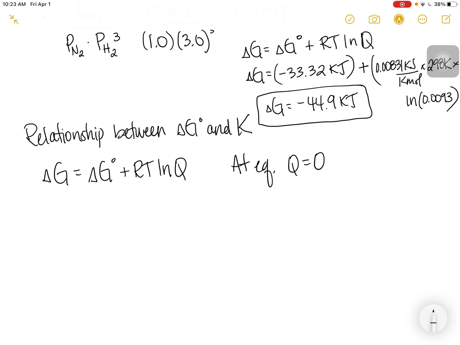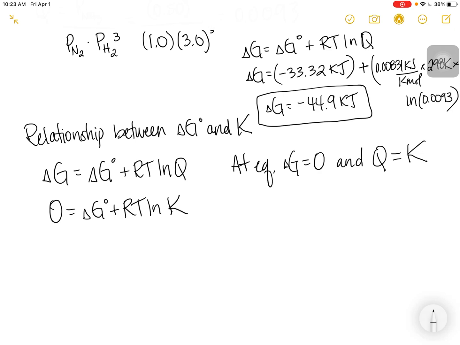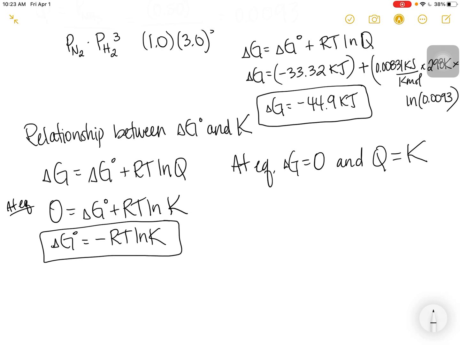We have learned that at equilibrium, delta G is equal to 0, and Q is equal to K. So substituting that into this formula, it gives me 0 is equal to delta G at standard conditions plus RT times the ln of K at equilibrium. With a slight rearrangement, taking RT ln K to the other side by subtracting it, I end up with this formula, which is on your cheat sheet for the AP Chem exam.